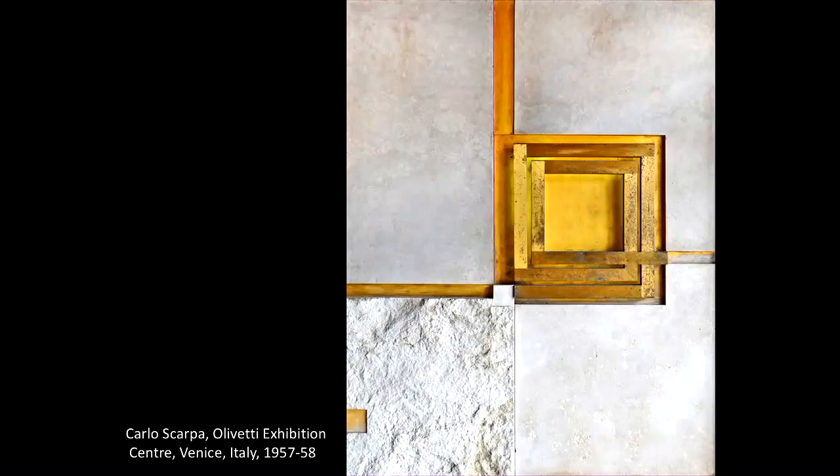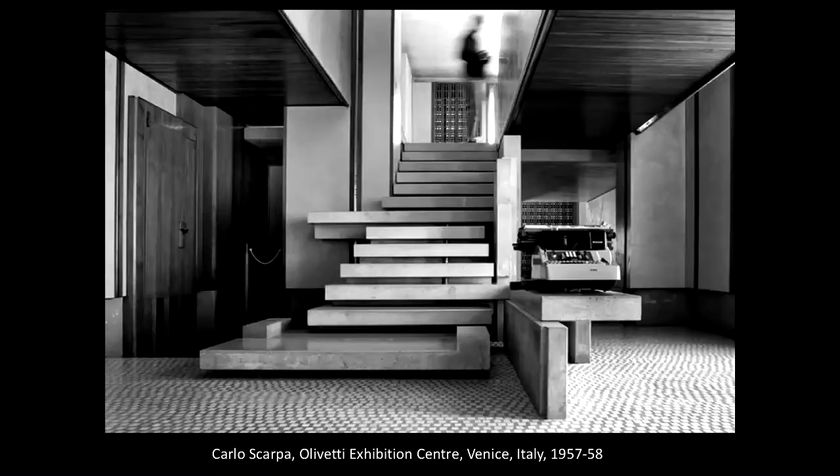Another work by Scarpa, again in Venice, is the Olivetti showroom, which is off of St. Mark's Square. It still exists there, and you can see all of these case studies today, where you walk in and have this one type of surface, then you have mixed in poured concrete, but also cut travertine stone, as well as wood, and metal.